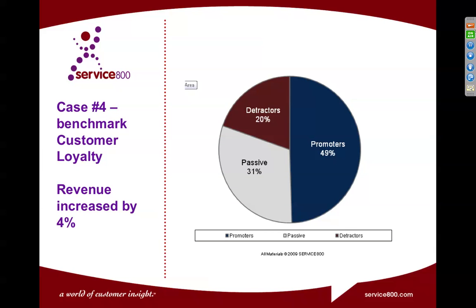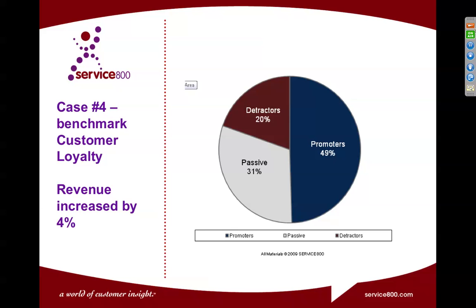My last example here has to do with customer loyalty. Many organizations are measuring customer loyalty, and many of you are familiar with a number of different ways to measure it. One very popular methodology is called the NPS, or Net Promoter Score, where individuals are measuring their customer satisfaction as well as other characteristics.